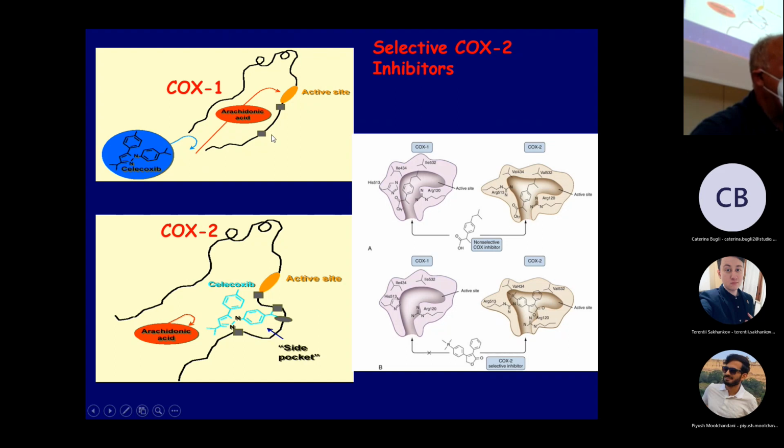In COX-1, it's not able, this compound, to enter the tunnel because it has a bigger shape, while it is able, this compound, to enter in COX-2, you see, to accommodate this additional aromatic ring on the side pocket. You see, once again in this picture, the same concept.